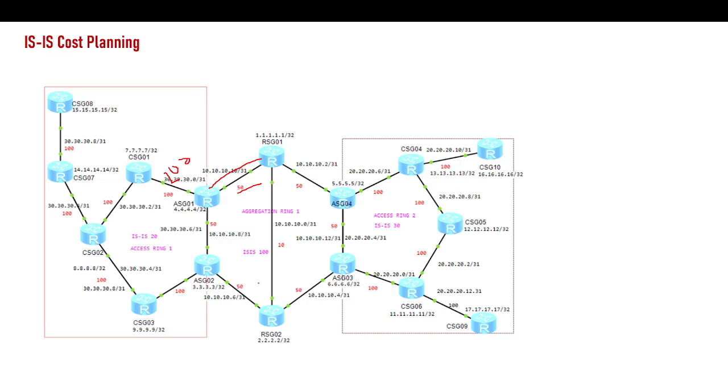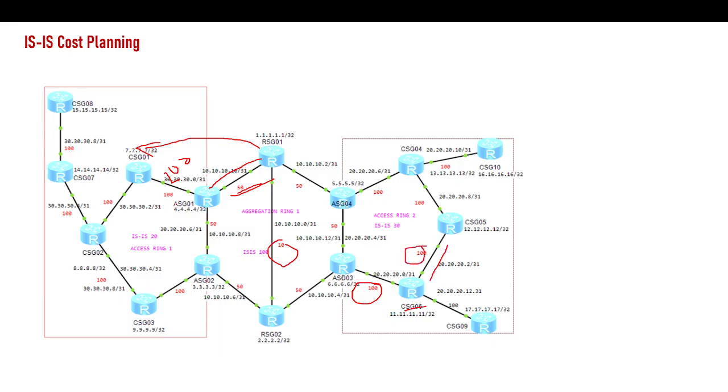But many times you can see that between the RSGs we have low cost, and then when you go outward the cost increases. So you can have 50 configured between the SGs, you have 10 configured between the RSGs, you have 100 configured between the SG and the CSGs, and also between the CSGs you have a similar cost of 100.